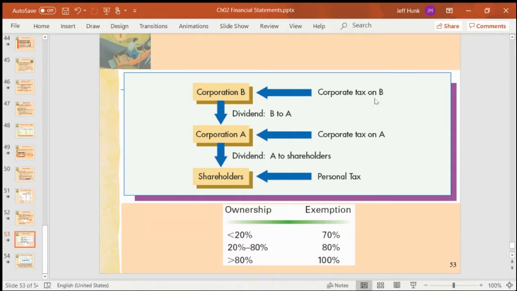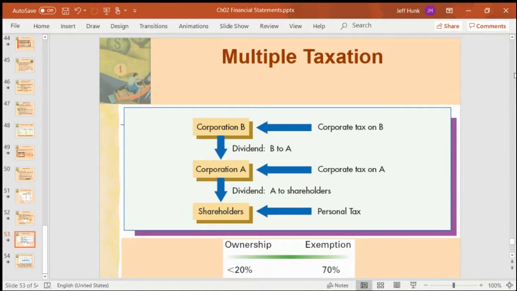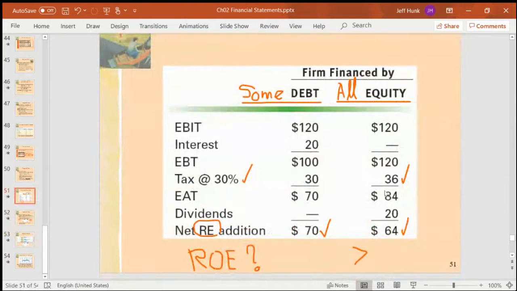Then think about it. Before paying the dividend, corporation B has already paid tax on their income. In other words, dividend is something that happens after paying tax.